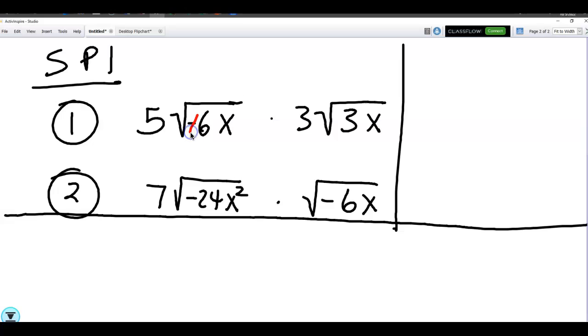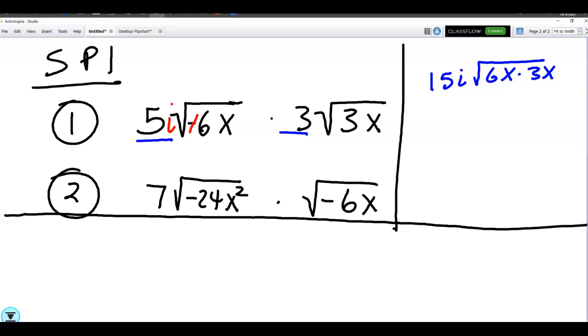We would start by taking the i out, and then we would multiply the 5i and the 3 together, and that would give me 15i. On the inside, we would have 6x and 3x.